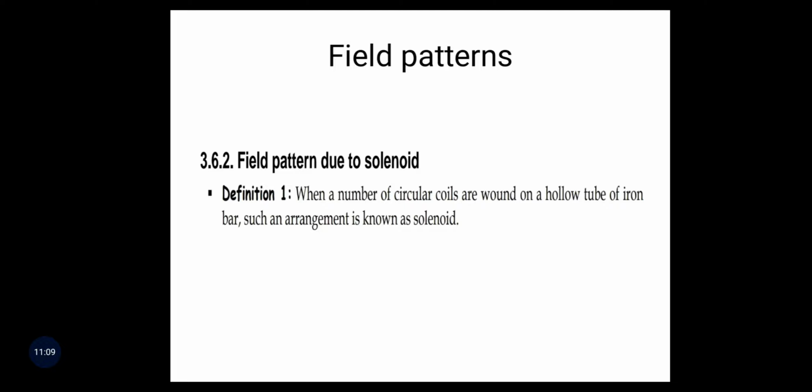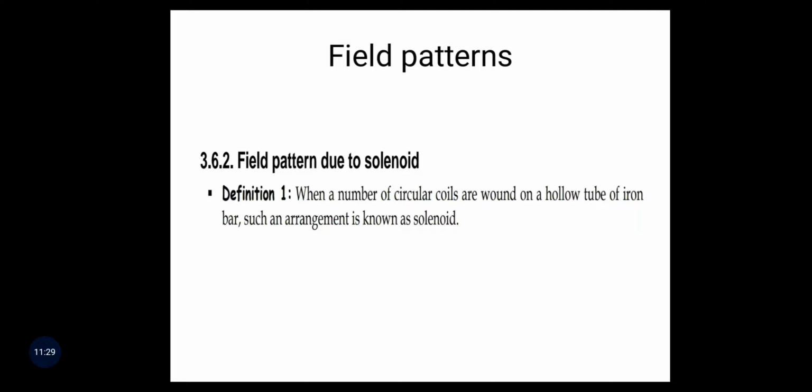When a number of circular coils are wound on a hollow tube of iron bar, such an arrangement is known as a solenoid.